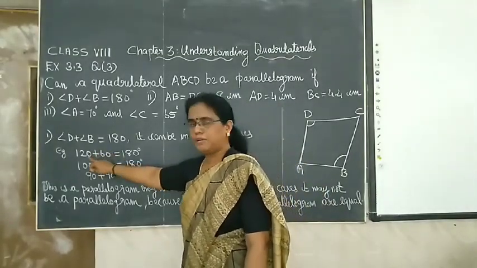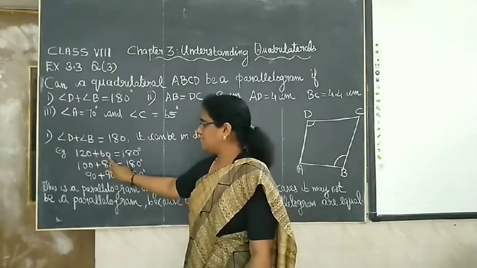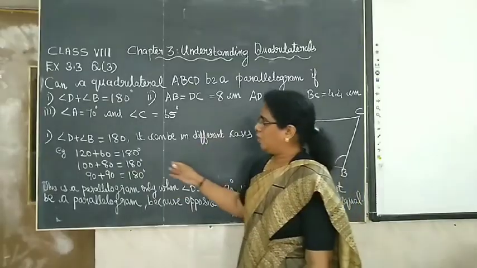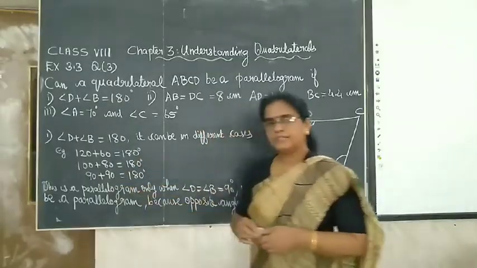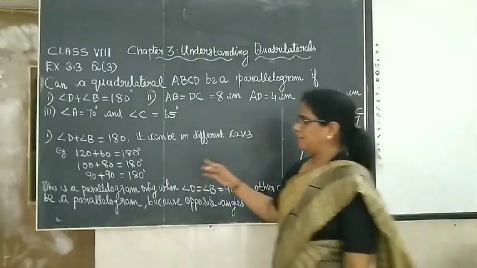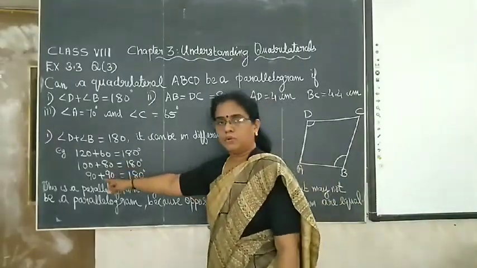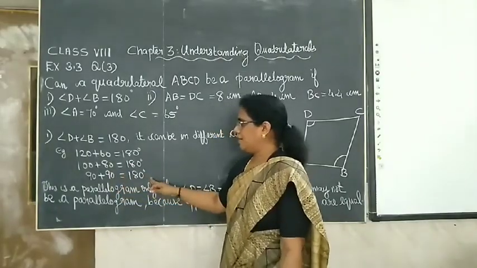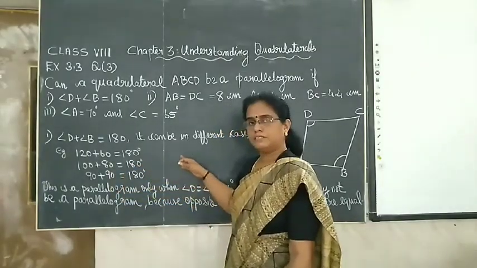If angle D is 120, angle B is 60, then the sum is 180. Or angle D 100 degrees and angle B 80 degrees, then also 180. Another case, both the angles are equal. That is 90 plus 90, 180. Like that, so many cases you will get.